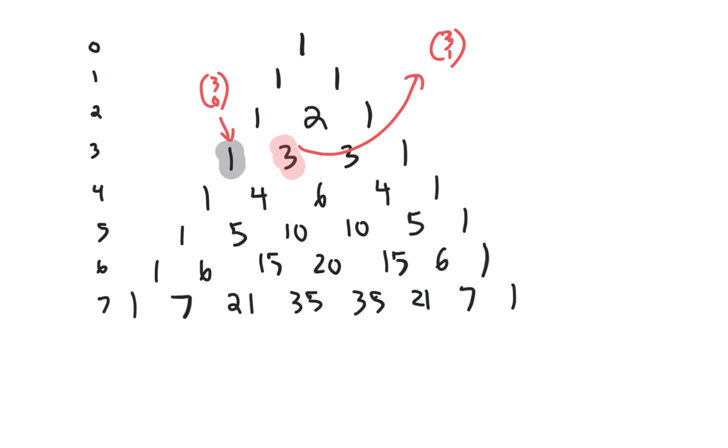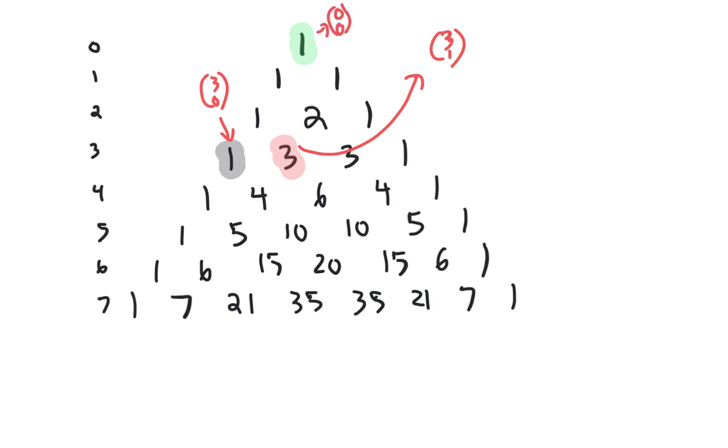In fact, this is working as a recursion. So we start off with, let's say here, 0 choose 0, that guy there.